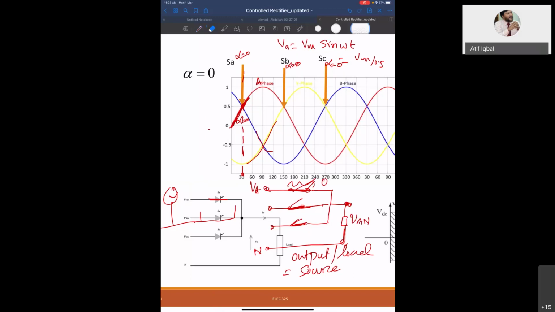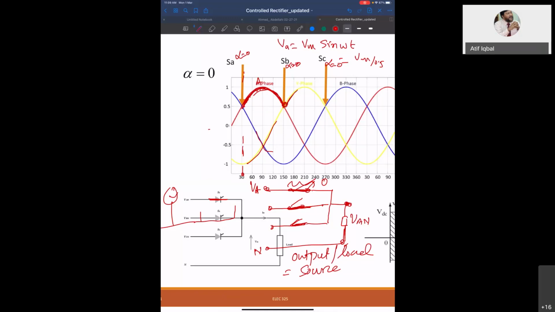Now see here, for alpha is equal to 0, what is the voltage across the load? The voltage across the load will be the same as the source voltage. So I will draw like this, from here to here, this is the voltage at the output. Then at this point, thyristor 2 will be turned on, or phase B will be turned on.